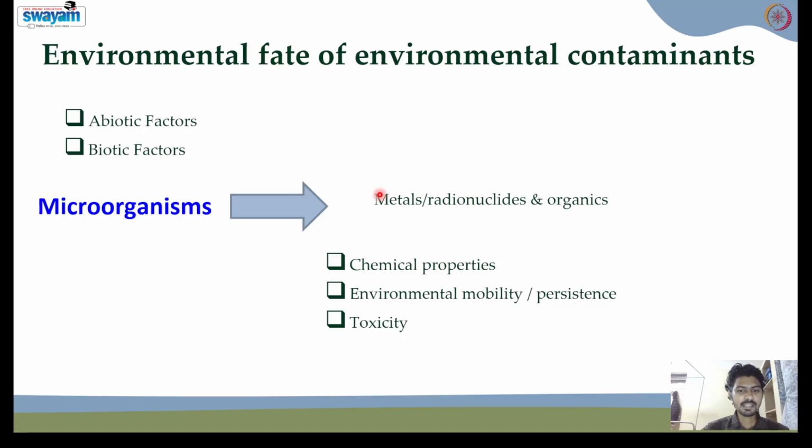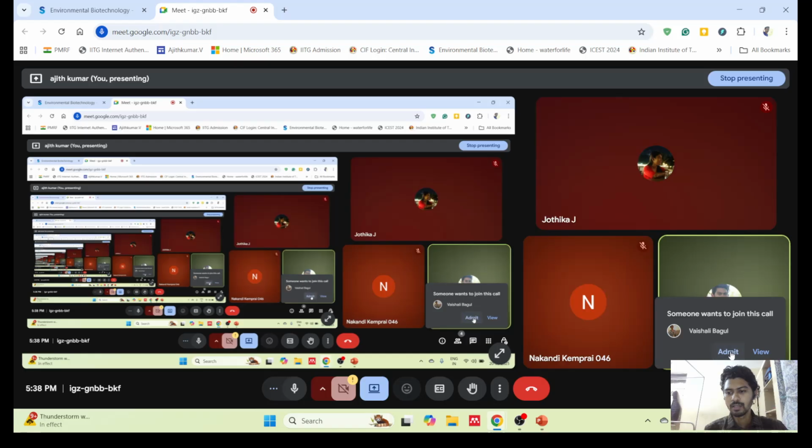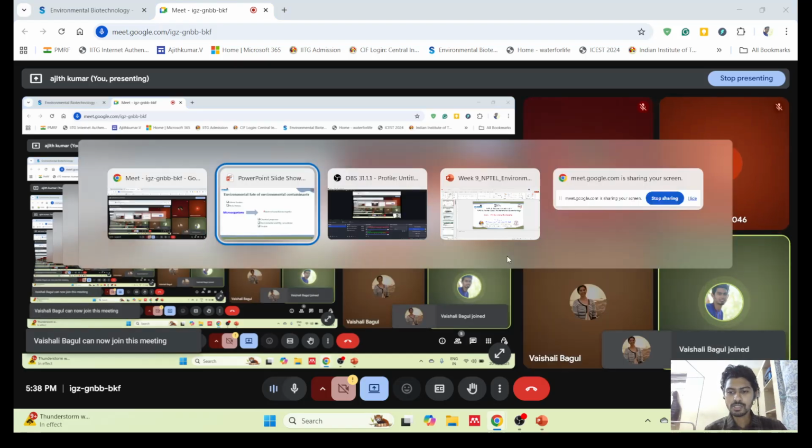In such a case, we need to find a strategy to eliminate these metals, but metals can't be eliminated as such. So the scientists try to transform these metals to a very less toxic or non-toxic form.